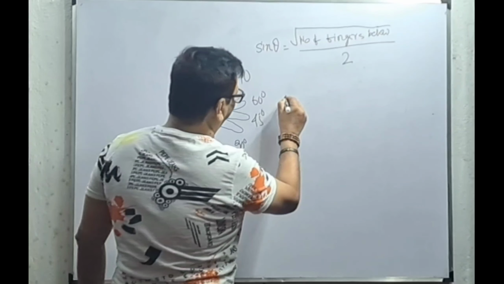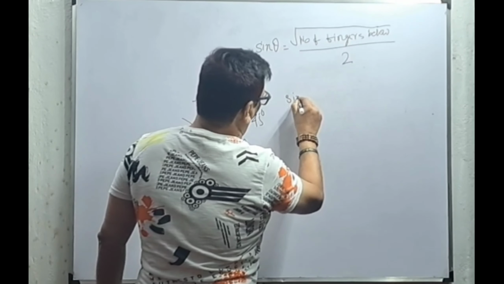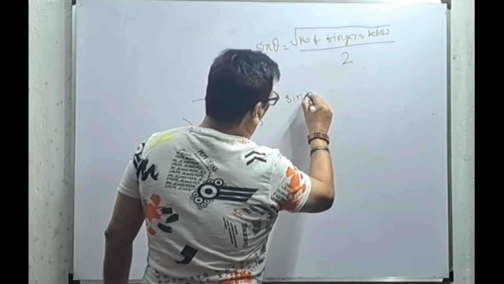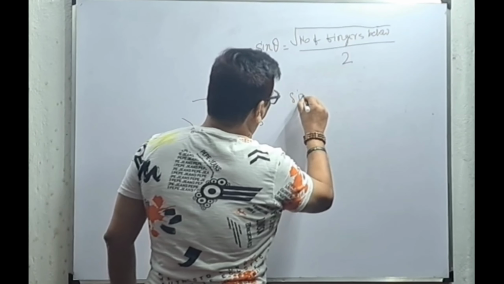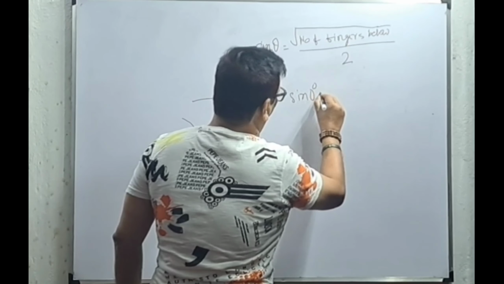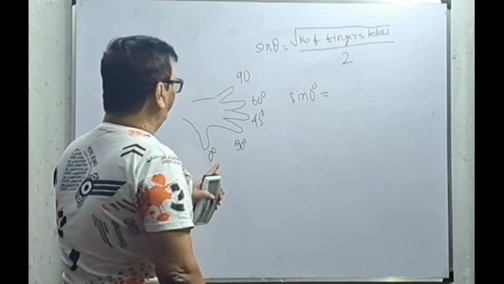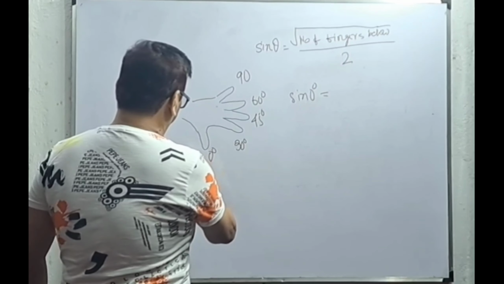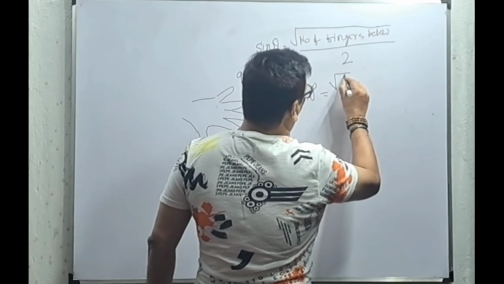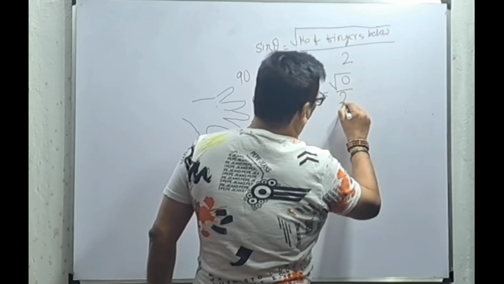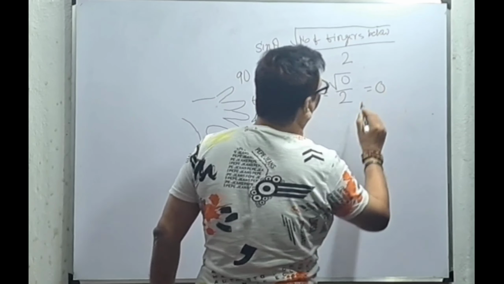Now let us apply it. Sine 0 degree will be equal to the number of fingers below. So no fingers below, so root over 0 by 2, that gives you 0.